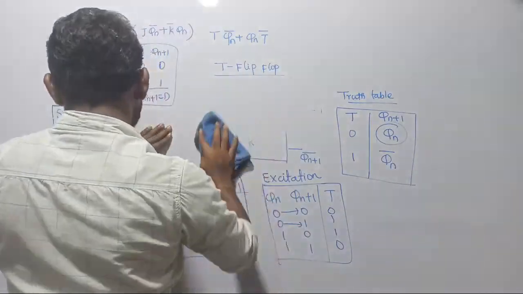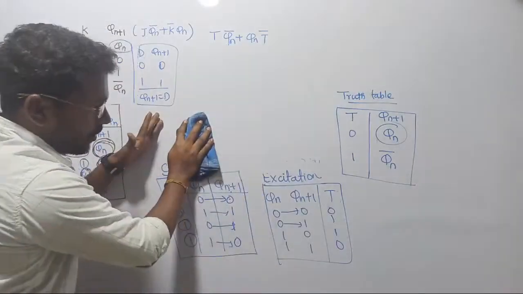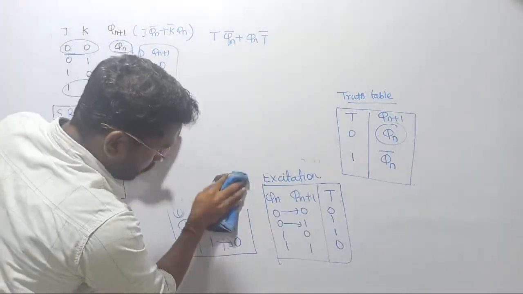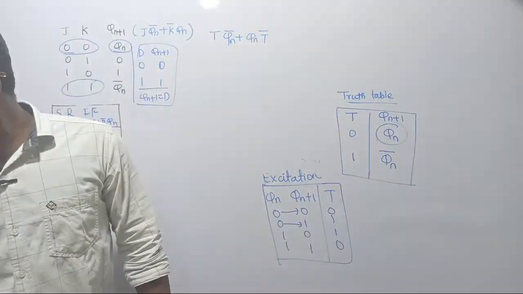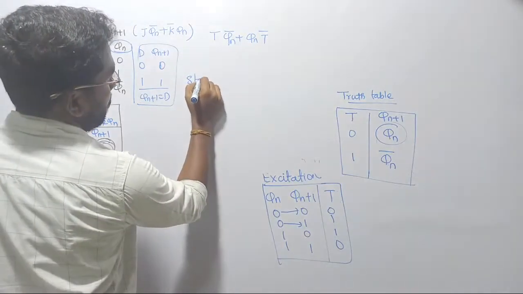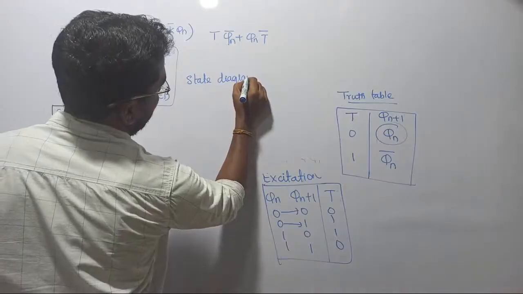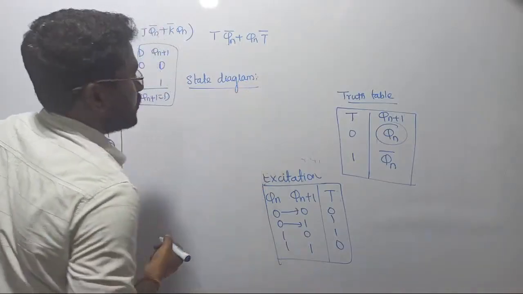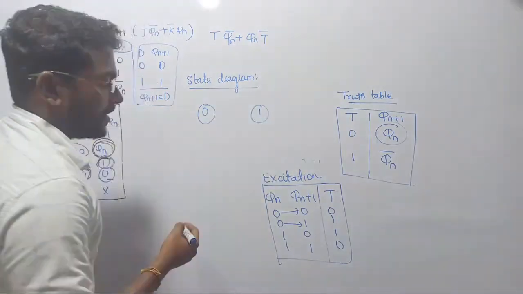Fine. So our next target is we have to design the state diagram of the system. So in the state diagram, once again we have to achieve 2 states, 0 and 1. Shall we start? Yes.